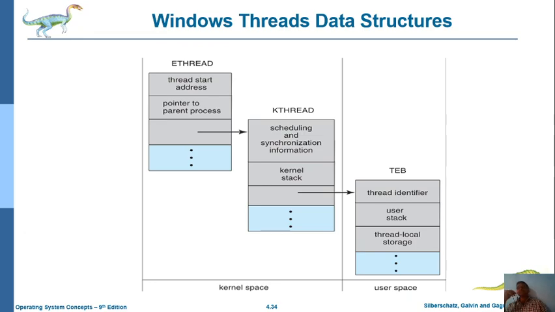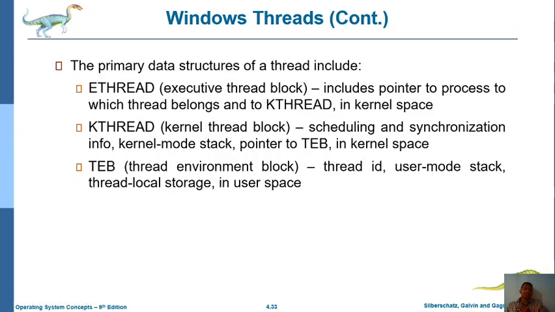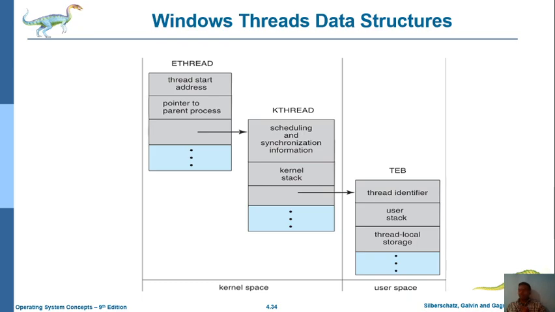Now we observe these data structures in a diagrammatic representation. Here is the E thread, next the K thread, and next the TEB, the thread environment block. The executive thread block is responsible for pointing to the parent process; it links to the current parent process, where the parent process indicates the currently running process.